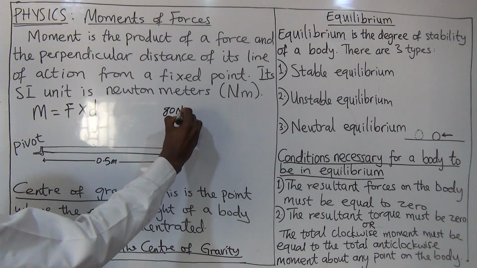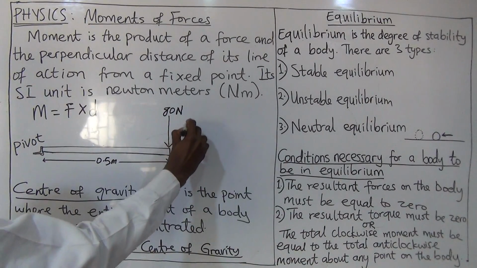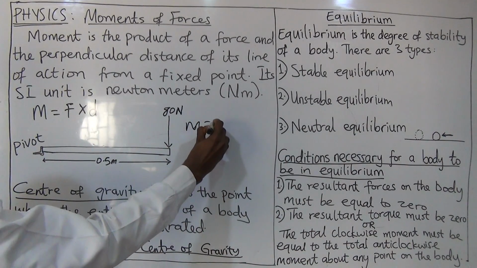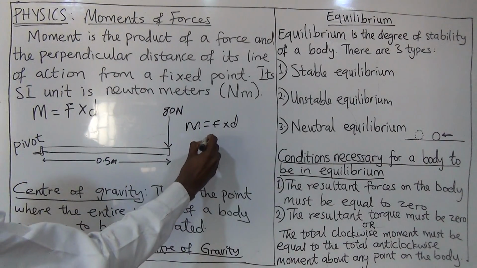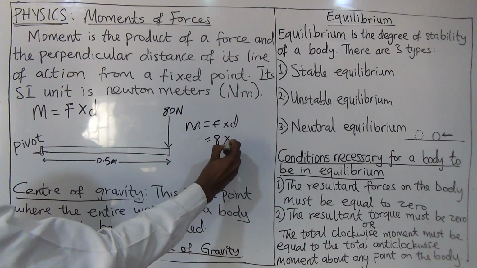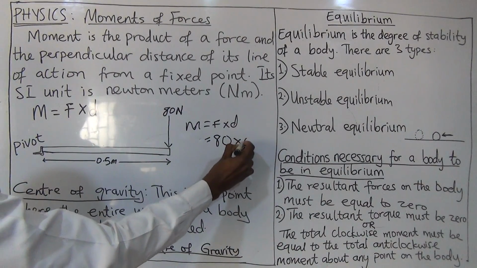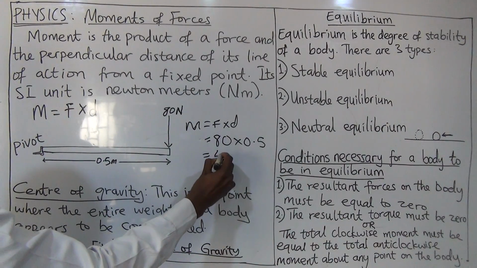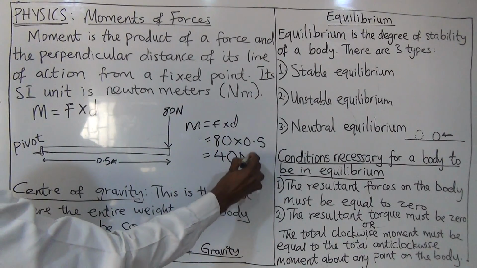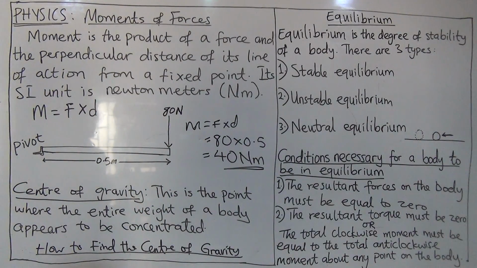So you say, since the force is 80 Newton and the distance is 0.5 meters, your moment is equal to force multiplied by the perpendicular distance. Your force is 80 Newton, the distance is 0.5 meters. 80 multiplied by 0.5, we get 40 Newton meters. And this is the moment produced by the force.